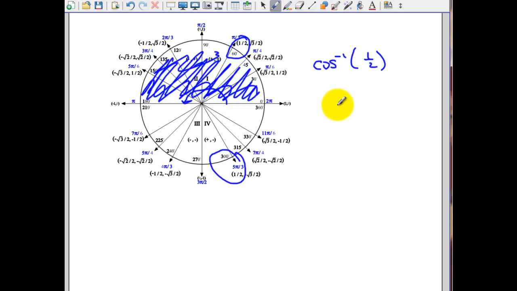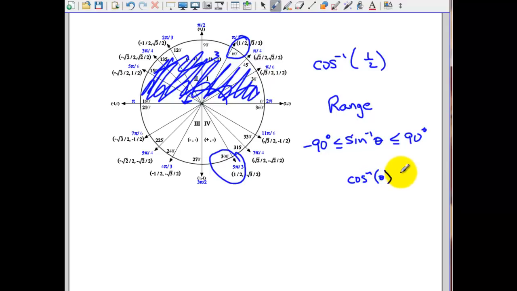So again, if we state the range of our trig functions, the inverse sine will be between 90 degrees and negative 90 degrees. And the inverse cosine will always be between 180 degrees and 0 degrees.